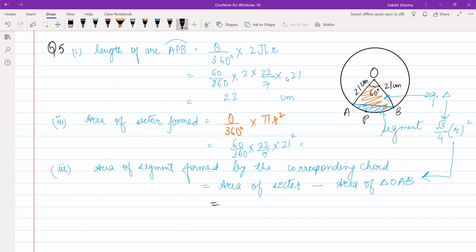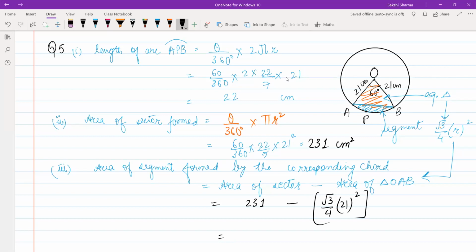Area of the sector comes out to be 231, the answer of the second part, minus area of the triangle, I'm going to use root 3 by 4, radius squared. So you will need to first solve this and then obtain the answer for the area of the segment. And I think in the book, they have given the answer as such, in terms of root 3.